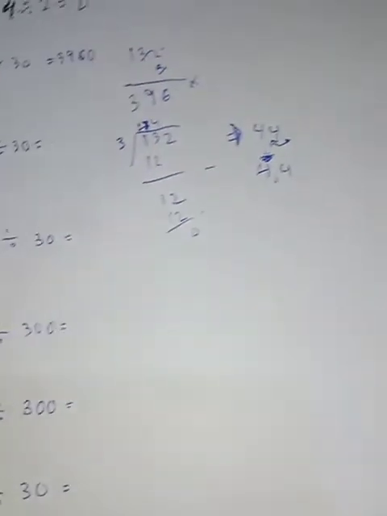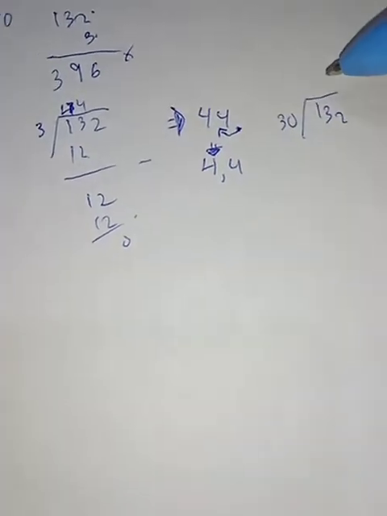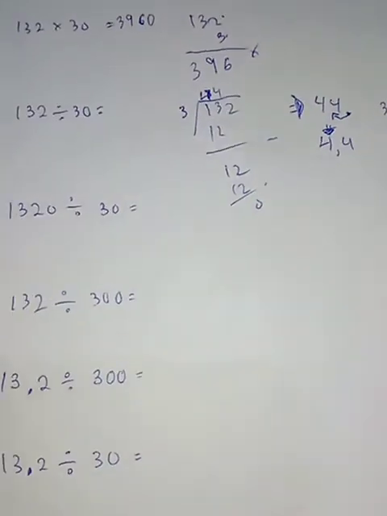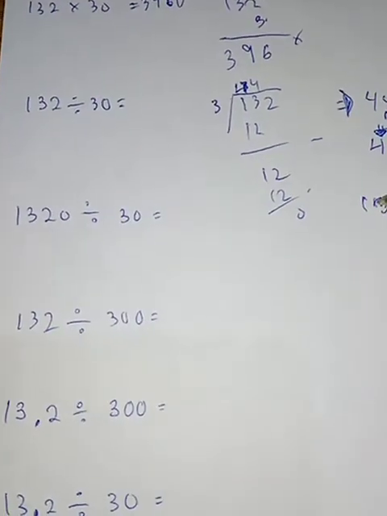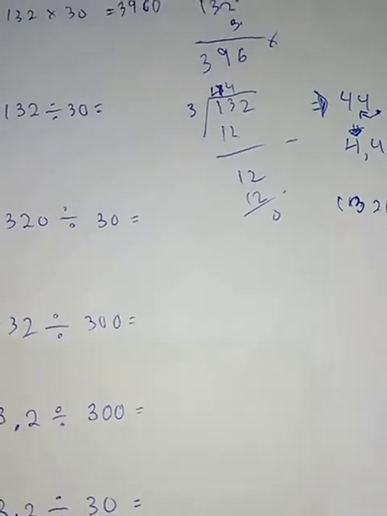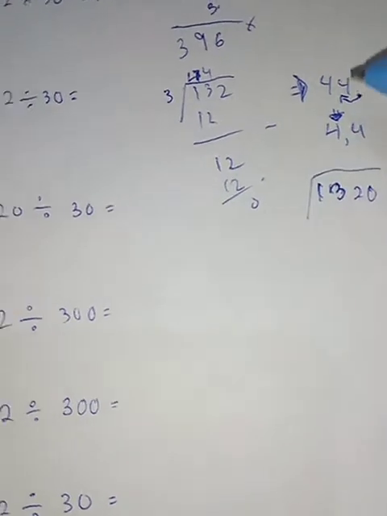Rather than dividing it by 30, yeah, actually you can, but this is the faster way. Moreover, if you are already used to it, you could do it mentally in a matter of just 1 or 2 seconds.